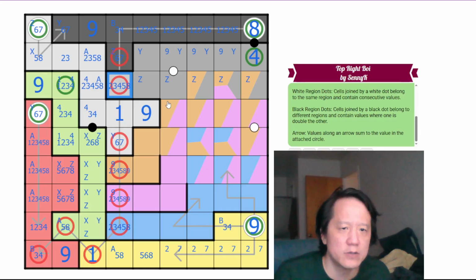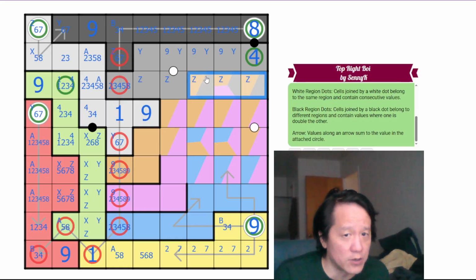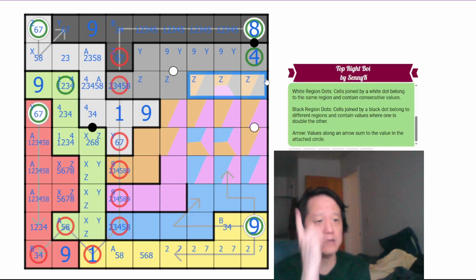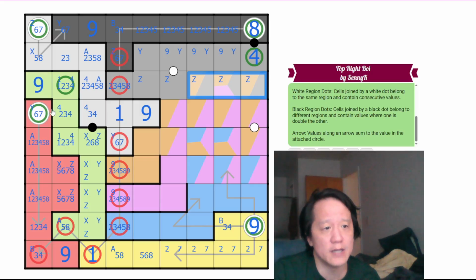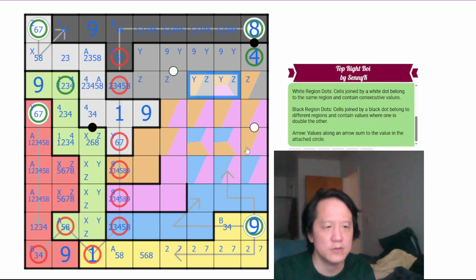Can't be here because Y in the column. It can't be in the medium region because Y for row 2 has to be in the medium region. So it has to be the orange region here or the pink. But Y cannot be a top right one. So Y can't be here, guaranteed. Y has to be one of these 2. And if it is one of these 2, it has to be orange.